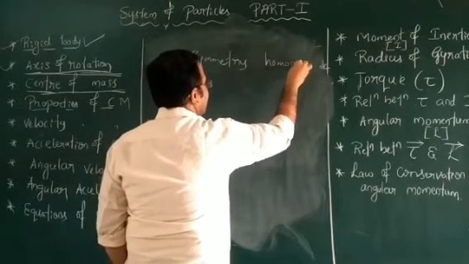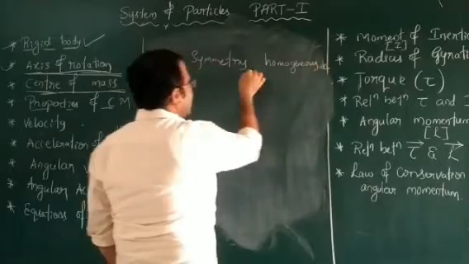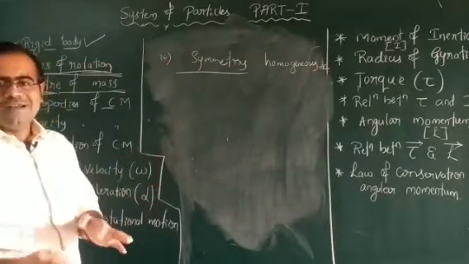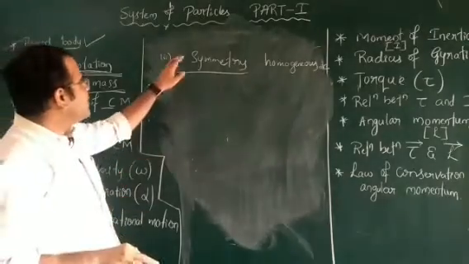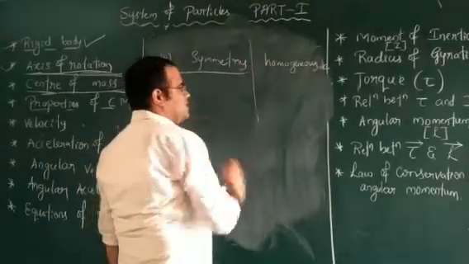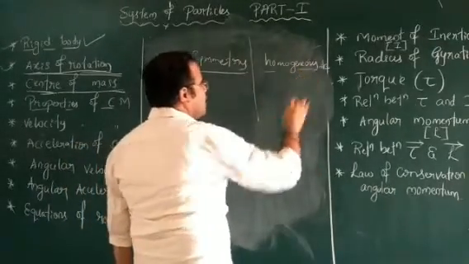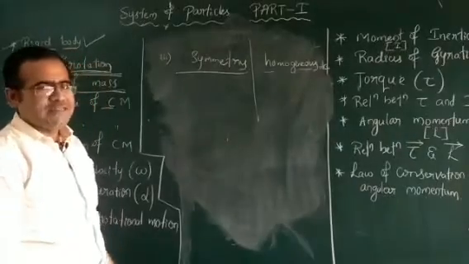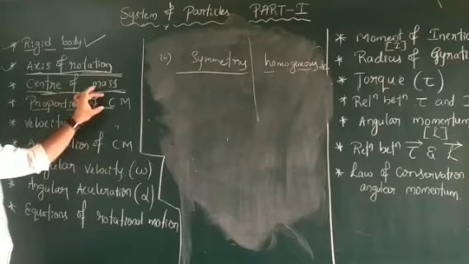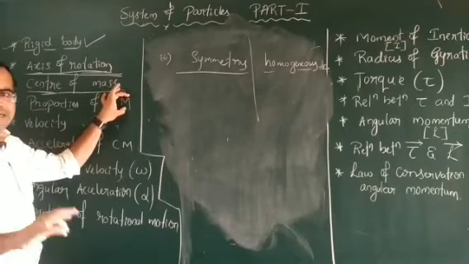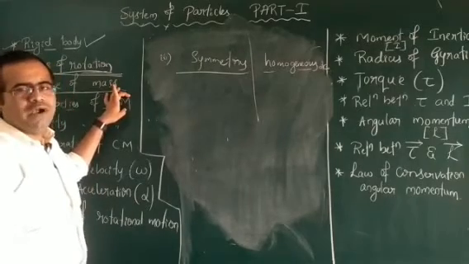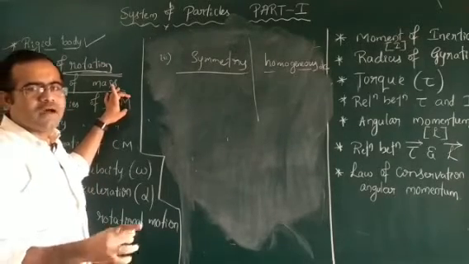So whenever we observe a rigid body with a symmetrical shape, and we observe the distribution is homogeneous, then in those cases the center of mass is coinciding with the geometrical center of the body.